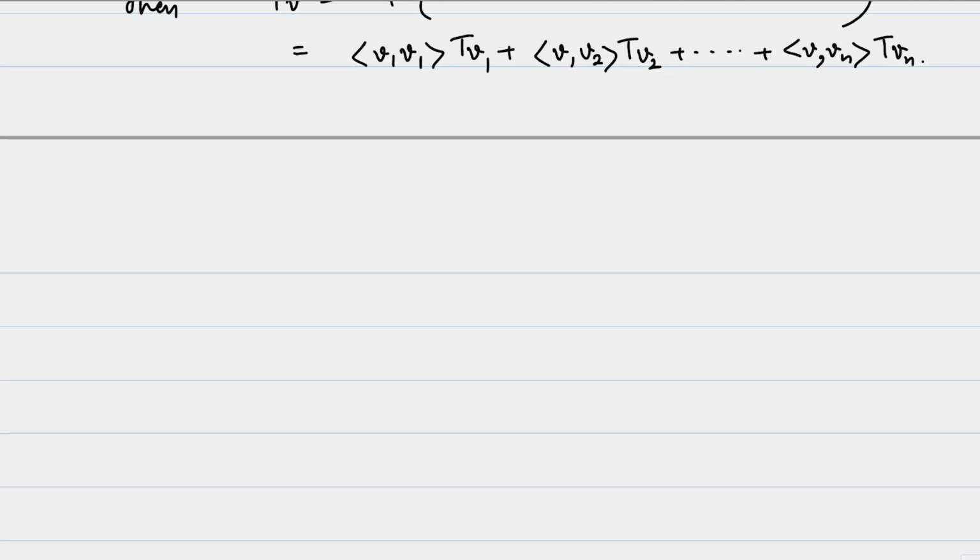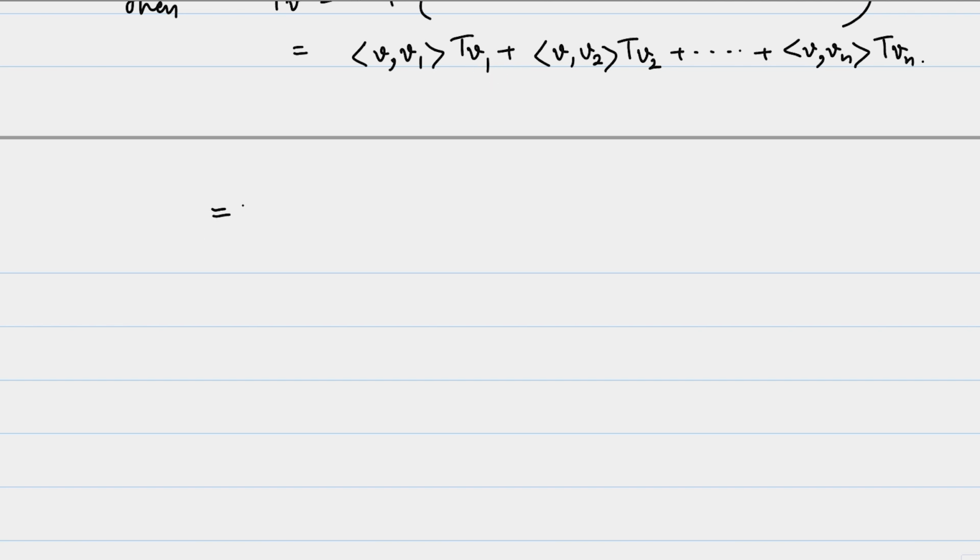But this is an inner product, and if you look at the inner product of V comma V1, that is a complex number or a real number, it's a scalar. And TV1, because T is a linear functional, is also a scalar. So this is a product of scalars.